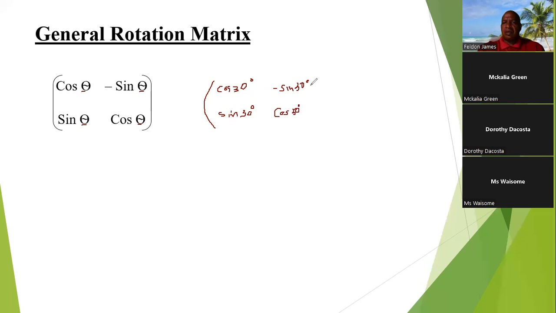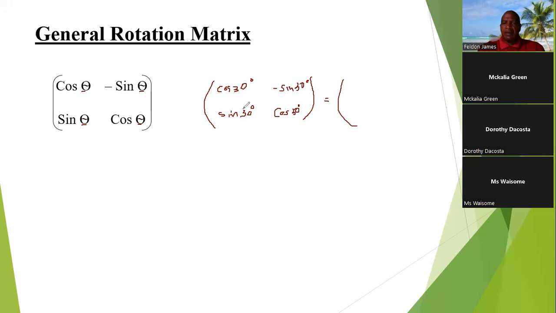Once you have put in the angle, you use your calculator to find out what cos 30 is. The value you put here is the same value you put here, because this is cos 30, this is cos 30. You find out what sine 30 is and put that value here and here. Can you tell me with your calculator what these values are?